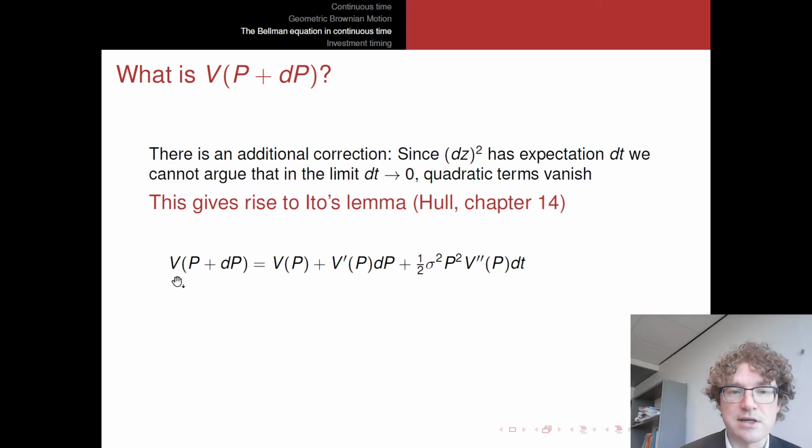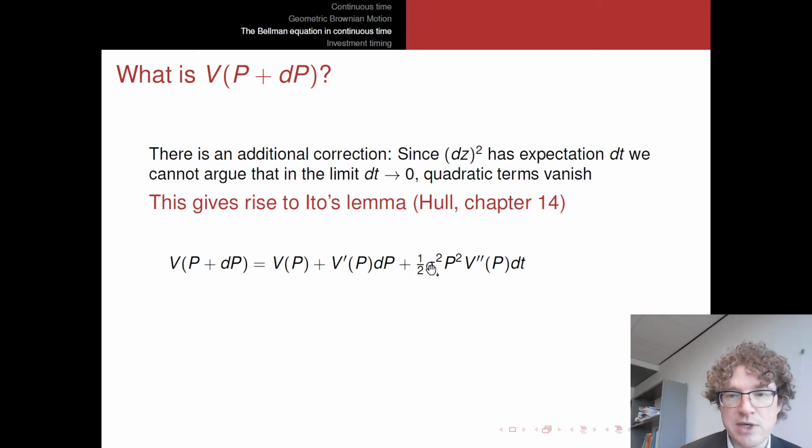It tells us that the value of a function evaluated at p plus dp is indeed these first bits: the value at p itself, plus this generic steepness term, this derivative term v prime times dp, plus this additional correction, which depends on the size of the uncertainty term, the volatility term.